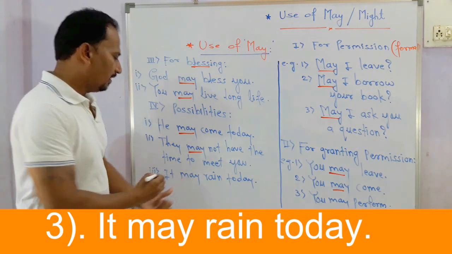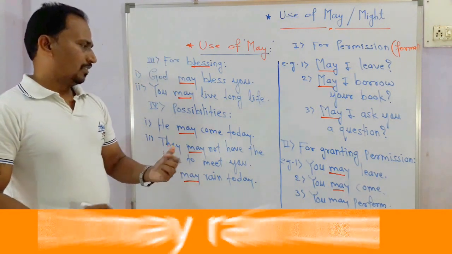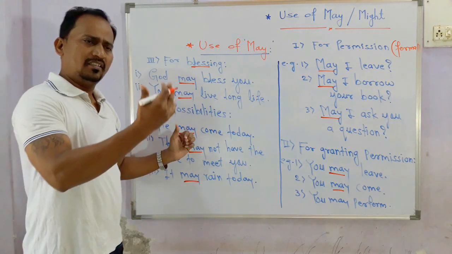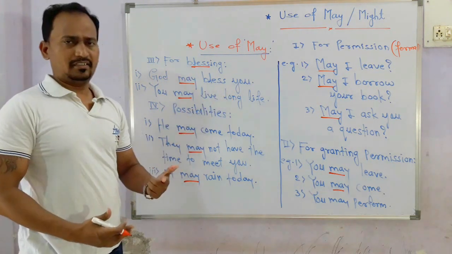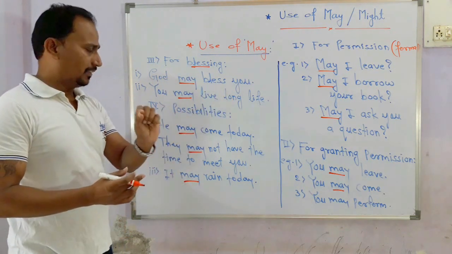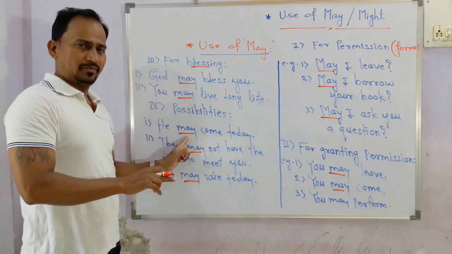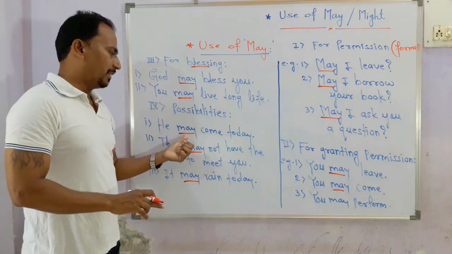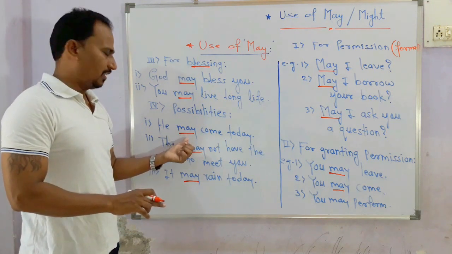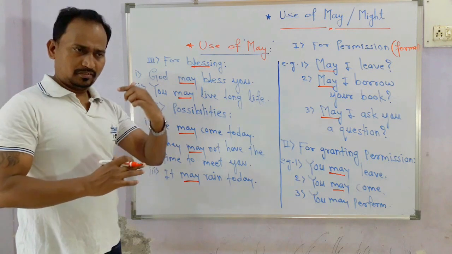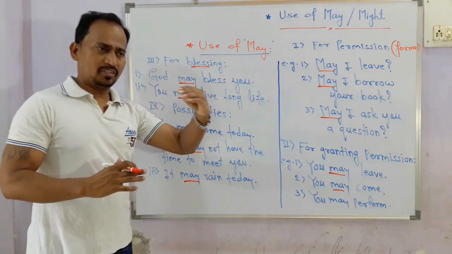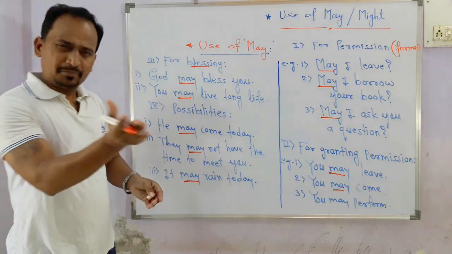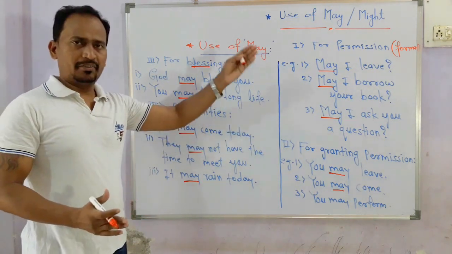So it may rain today. So may is used for indicating a sure possibility. But there is a little difference, you can use might also. Afterwards I shall explain why we use might here instead of may. May has a strong or higher possibility, surety, and might is used for less possibility. So I shall explain when to use might.